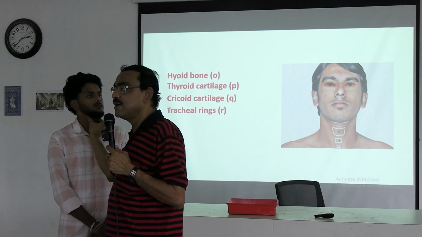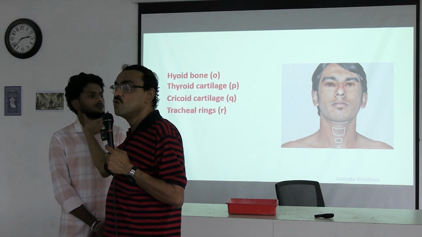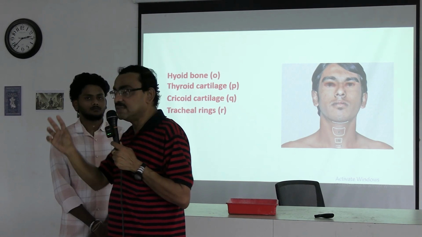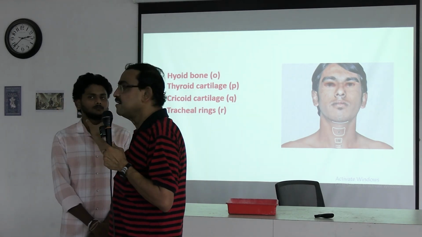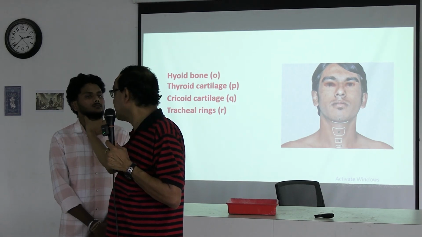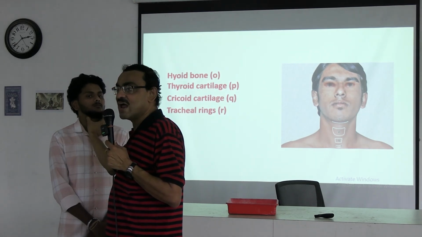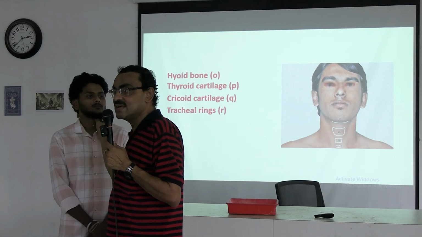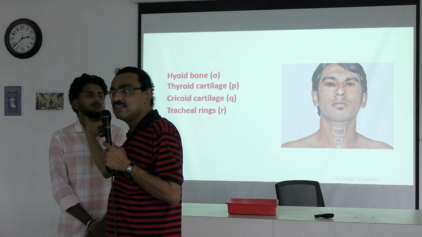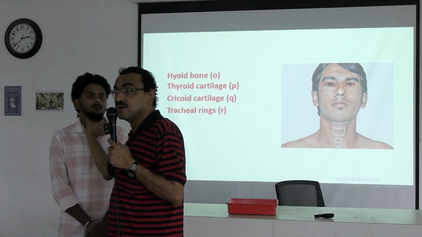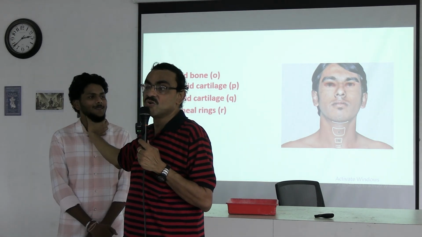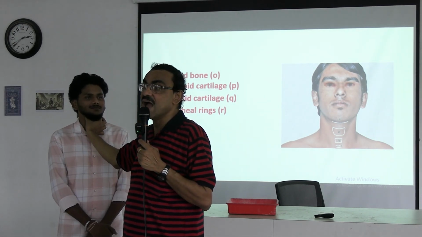And if we feel, it has got two cornu, and we can feel it with the thumb and the index finger or the middle finger, like this. On either side we can get the hyoid bone, and if we go laterally we can feel the cartilage, the cornu, that is the greater cornu of the hyoid bone.